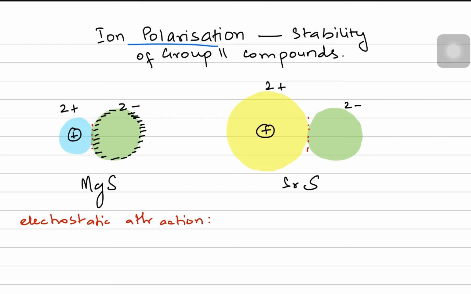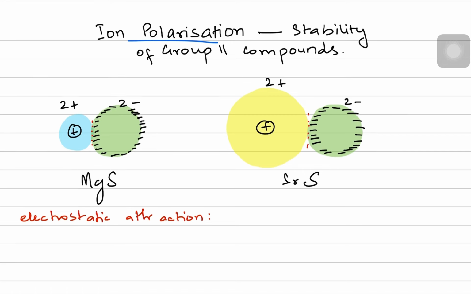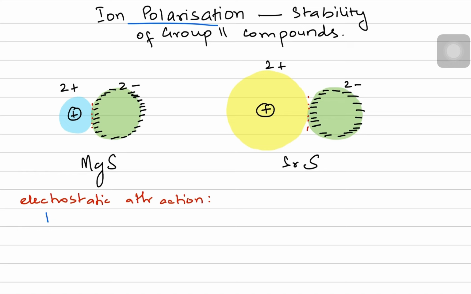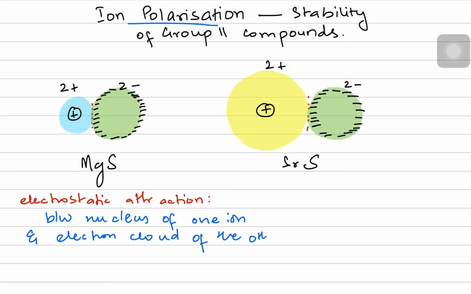So the nucleus of the cation is trying to attract the extra electron, or basically the electronic cloud of your anion. So let me write that down. It's between the nucleus of one ion and the electron cloud of the other ion.